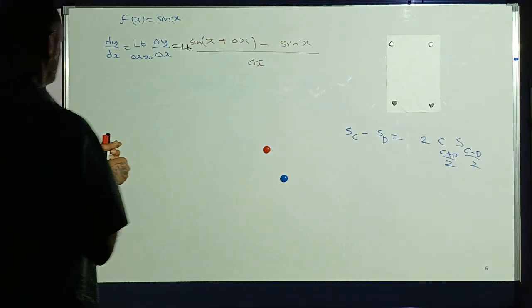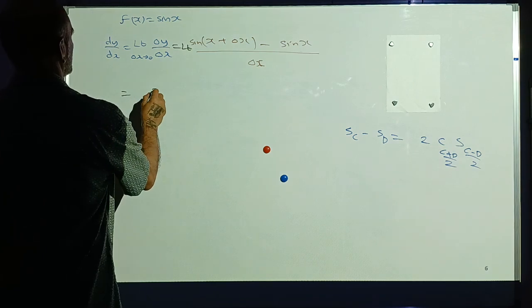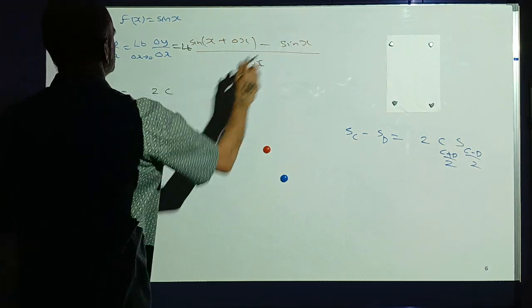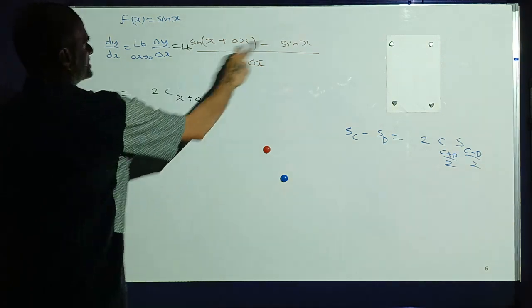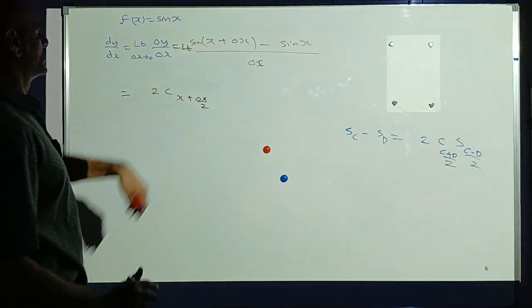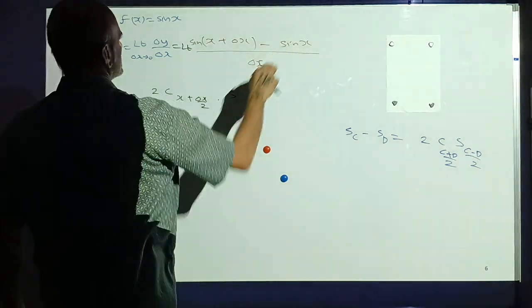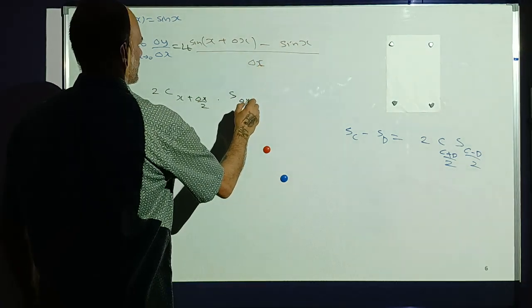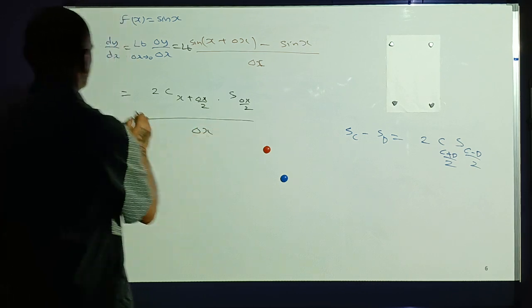So if you do that, we get 2 cos of (x plus delta x plus x) by 2, which is x plus delta x by 2, because x plus x is 2x, by 2 is x, and then delta x by 2 from the sine difference, so it's sin(delta x by 2) by delta x, and you have to put the limit.